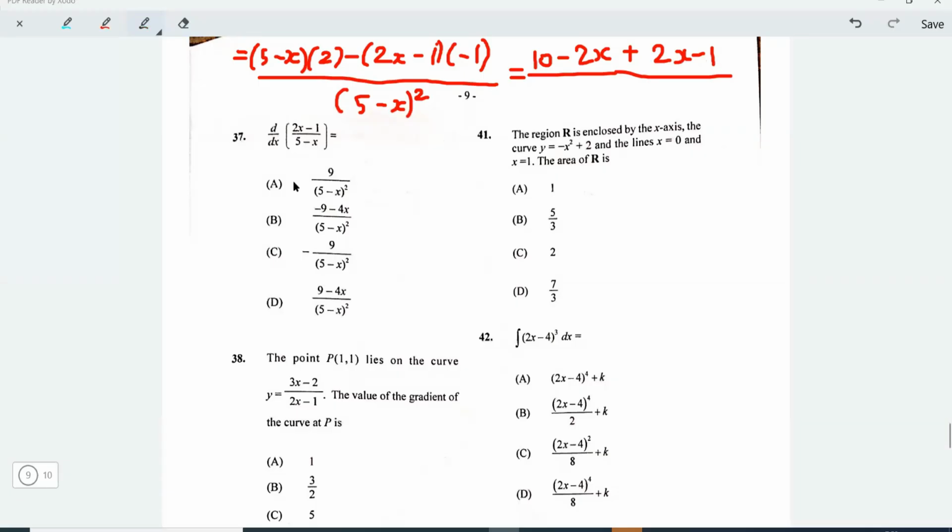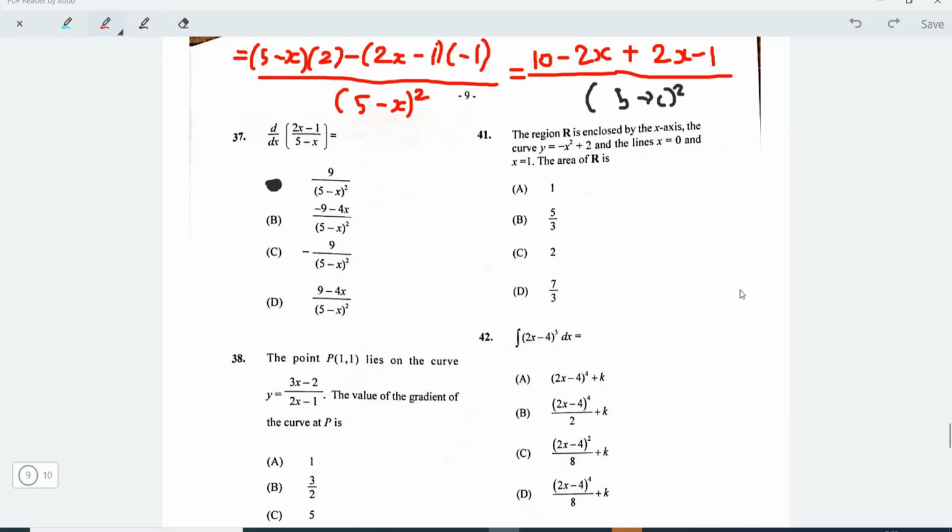So this works out to be 9 over 5 minus x all squared, and the denominator was 5 minus x all squared. All right, now that's it. Yeah, man, we're having fun.